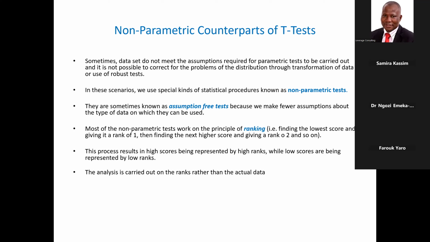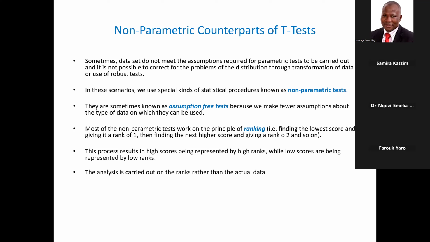The second option, if you don't want to use a robust test, is to use the non-parametric counterpart. In that situation, you don't need to assume that it follows a normal distribution. And the third option, which you should not even do at all, is to transform the variable and then use a parametric test.